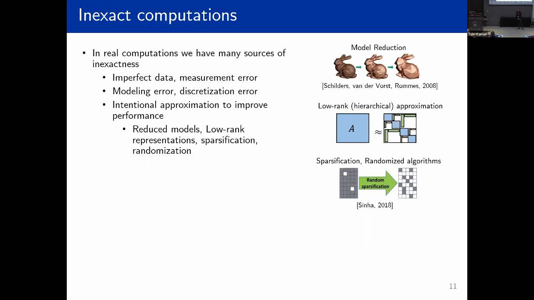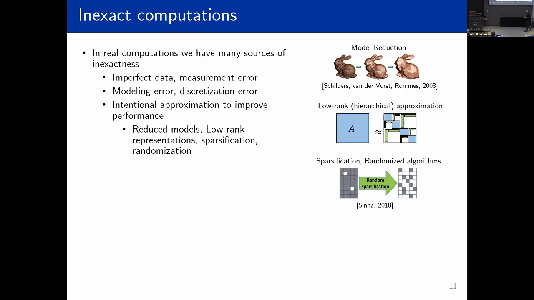For a long time, people in a lot of areas have said it doesn't matter, when we were just talking about using double precision. When we do scientific computing or data analysis, we have so many sources of inexactness. We don't just have floating point roundoff error. We have imperfect data, measurement errors, modeling errors, and discretization errors if we're talking about the world of PDEs.